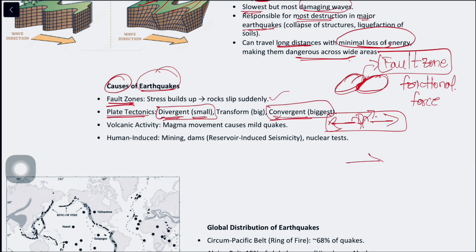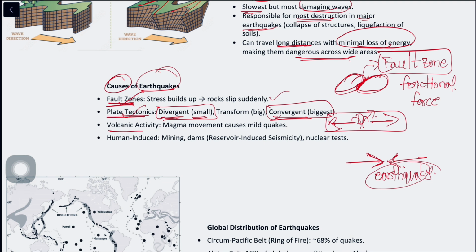When the two plates are converging or coming towards each other, right, then the plates will get crushed and the release of energy will happen, which in turn will cause the earthquakes. So plate tectonics is also one of the reasons for the earthquakes.